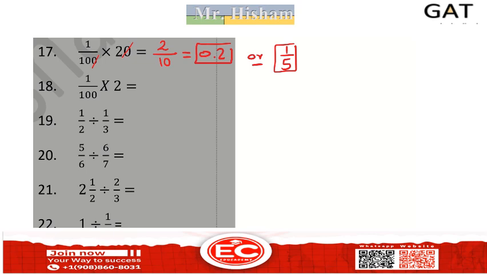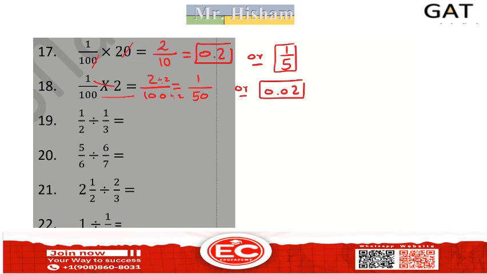But what about number 18? I don't have zeros. But I can multiply 1 by 2, and I put down the 100. As a fraction, you can divide it up and down by 2. But as a decimal, it's 0.02. Why? Because it's 2 over 100, after 2 decimal places.